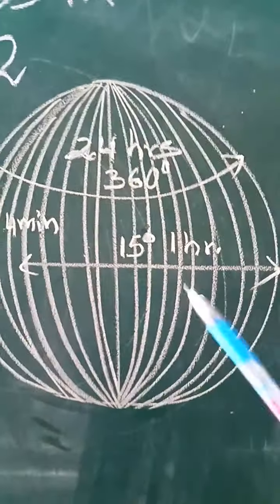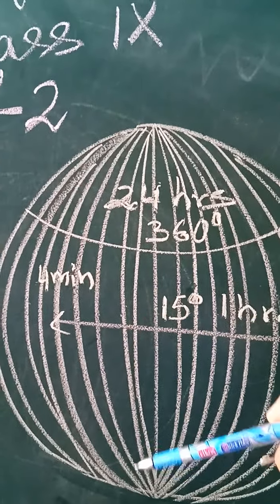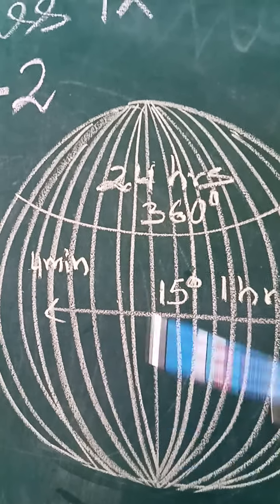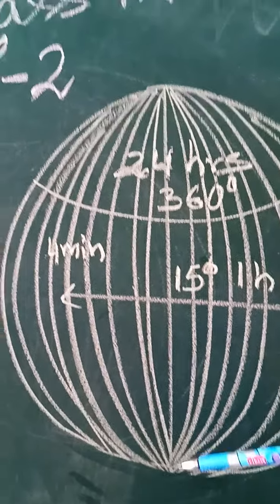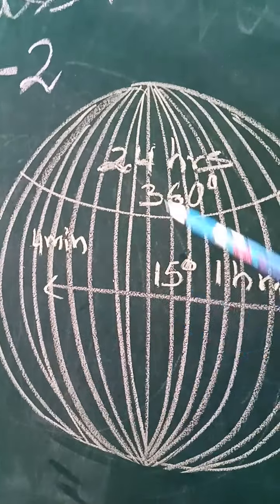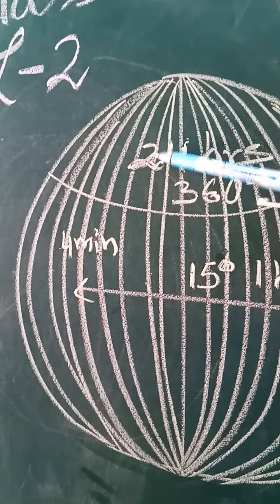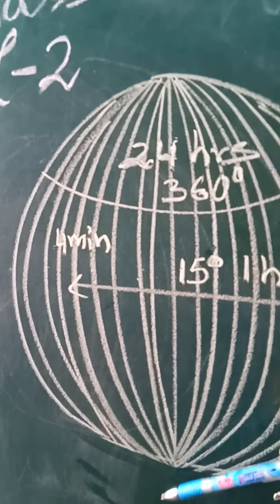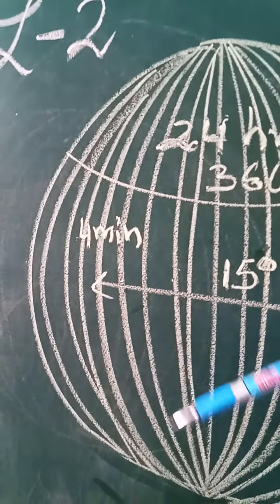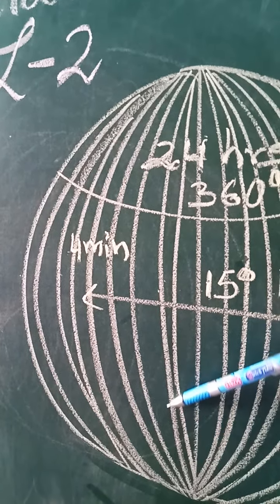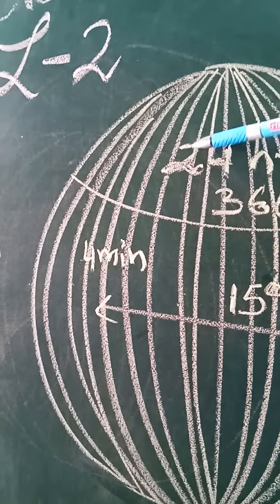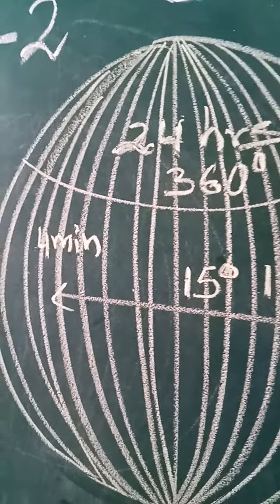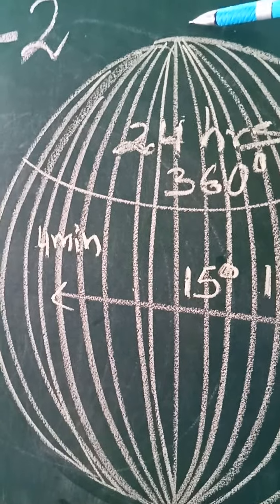Now what you see here is the lines of longitude passing from north to south, or from the north pole to the south pole. Suppose you can imagine that one particular line of longitude is going this way, you can see on the other side of the globe that this line of longitude is joining with the next line of longitude.